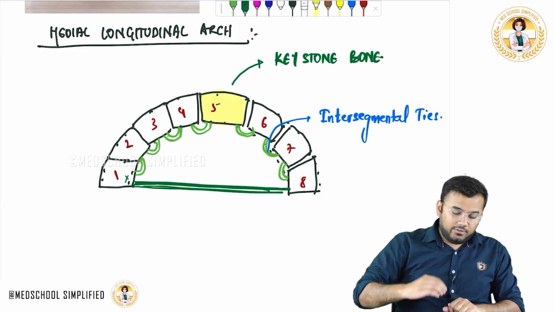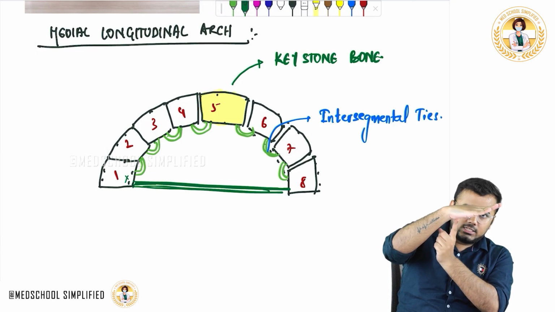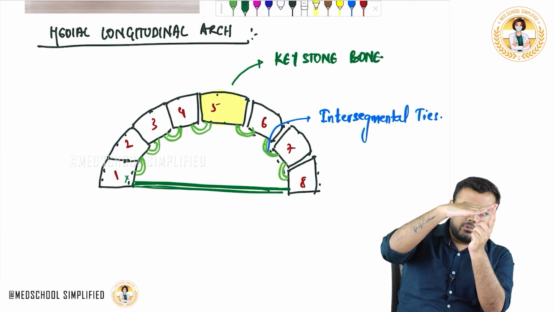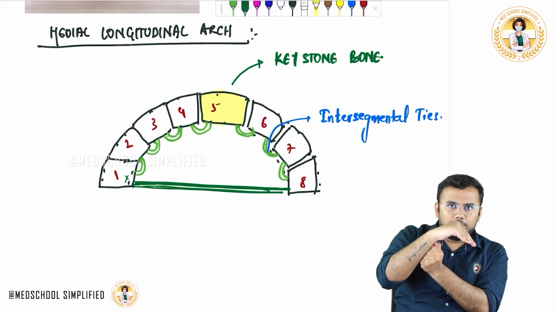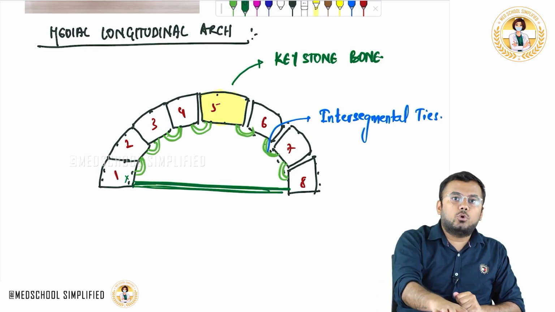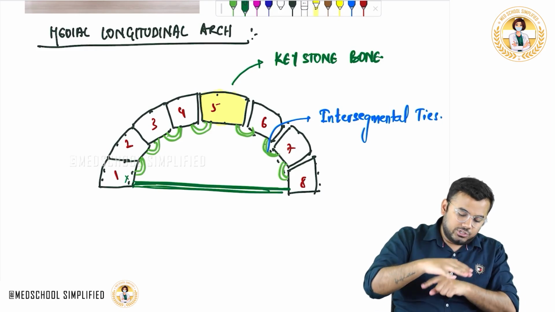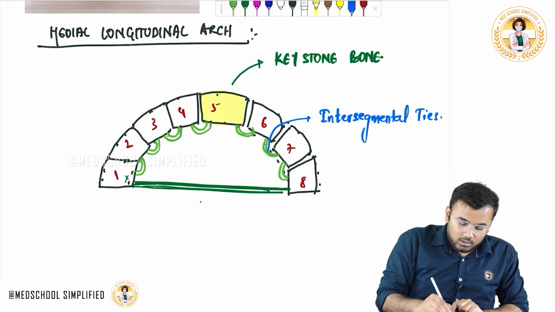Even if the foot goes flat, this rubber-like thing attached from bone number 8 to bone number 1 will pull back, and the arch forms again. You're getting it, right? This rubber-like thing located below in the plantar region is called the tie beams.